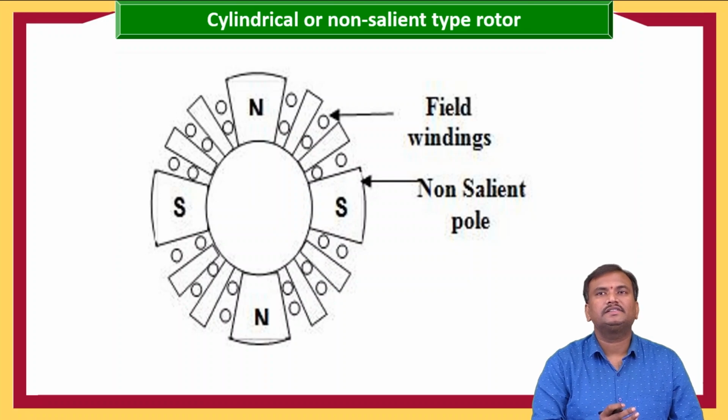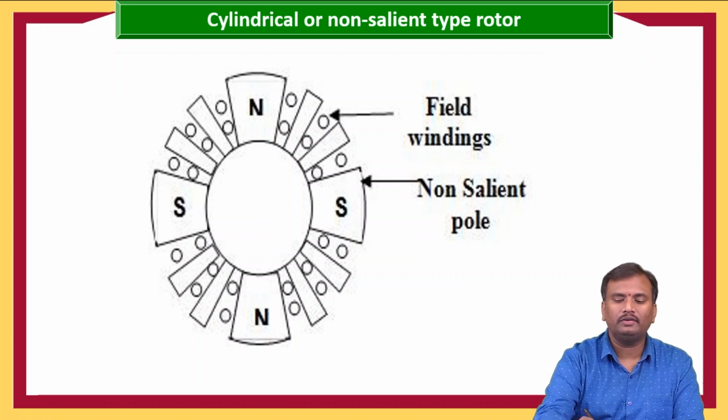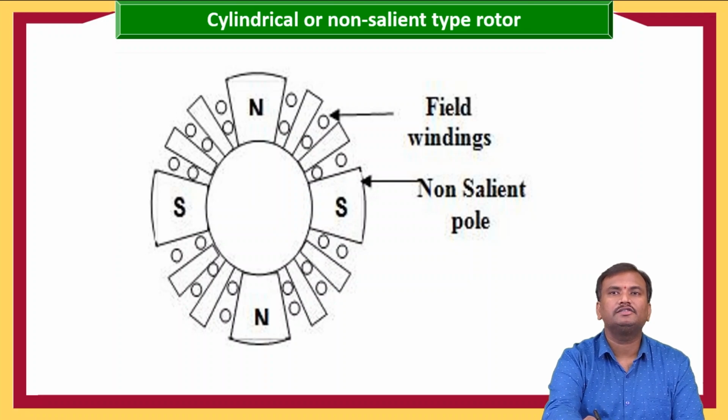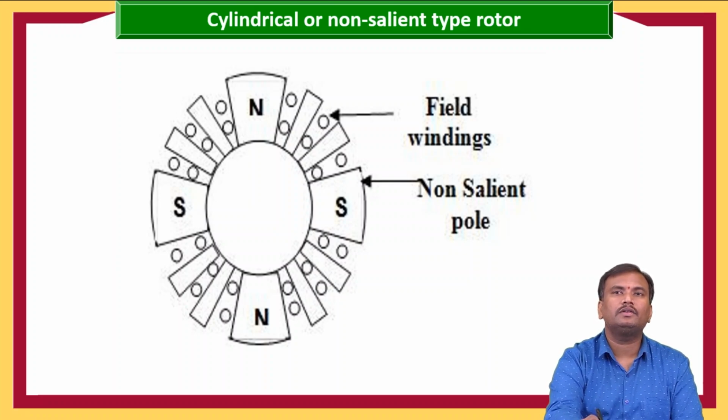And this is the cylindrical or non-salient type rotor. Throughout the rotor, we have conductors placed in different slots to hold the field winding. On these places we place the field windings, which also produce alternate north and south poles.